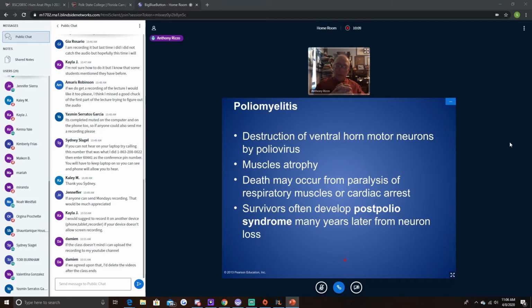They had not immunized themselves because they thought polio was gone, and polio resurged. And so sadly, we now have a resurgence of polio in the world because people didn't understand and wouldn't vaccinate their children.